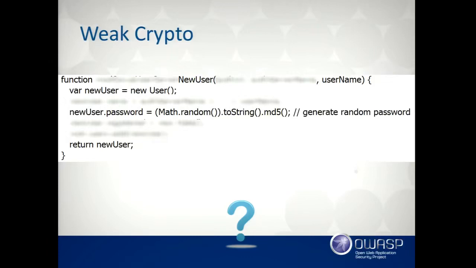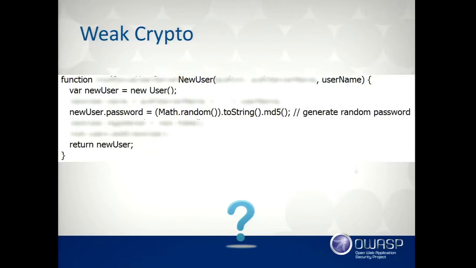It takes a random number, makes a string out of it, and hashes it with MD5. So what's wrong?